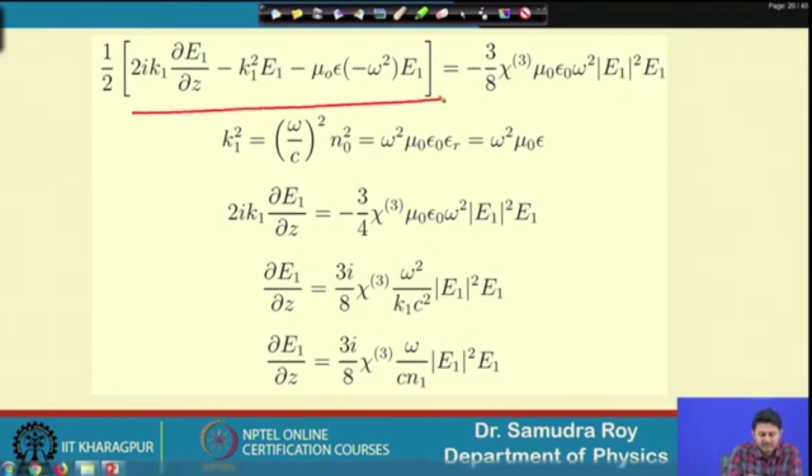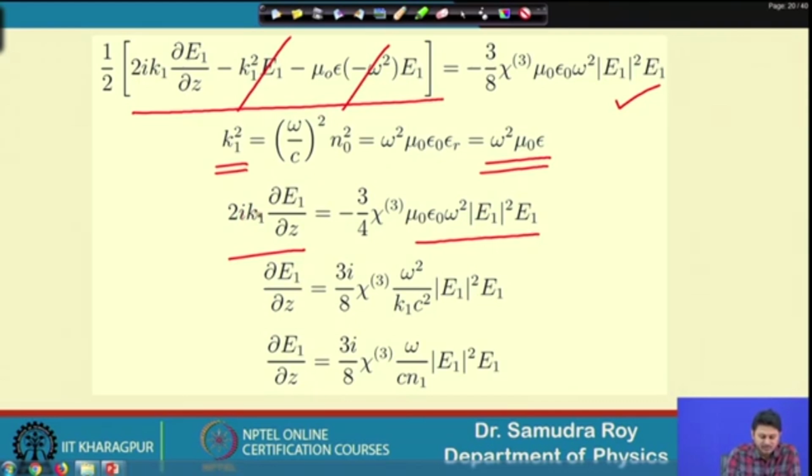Again this term and this term, as I mentioned, cancel out, because k1 if we calculate it will be omega square mu 0 epsilon, and this term is also omega square mu 0 epsilon. This negative term will become positive and cancel out, and the right hand term will be as usual. So, then we will have 2 i k and these things in the right hand side.